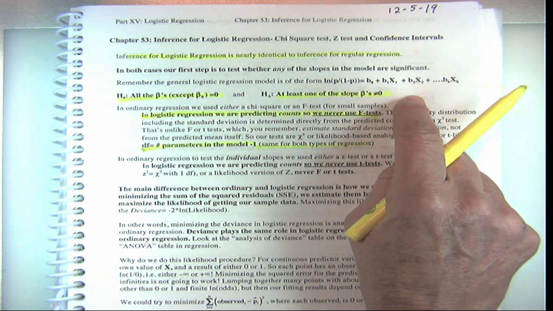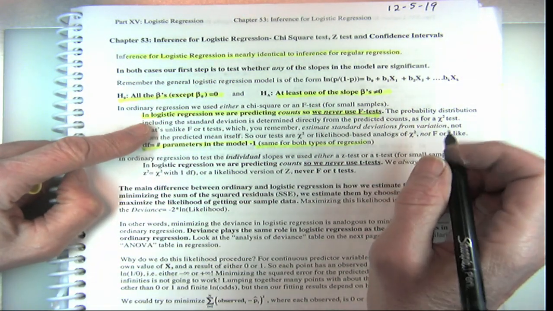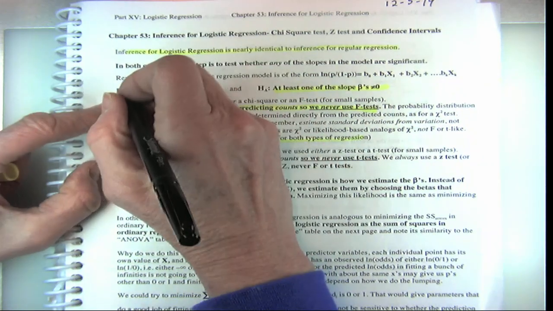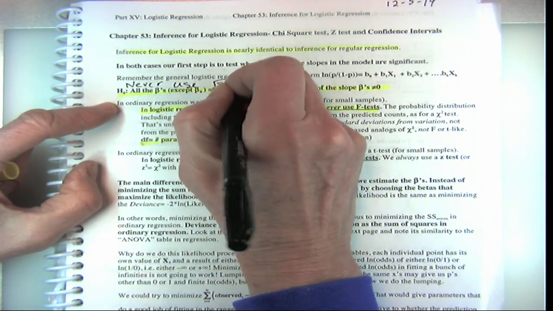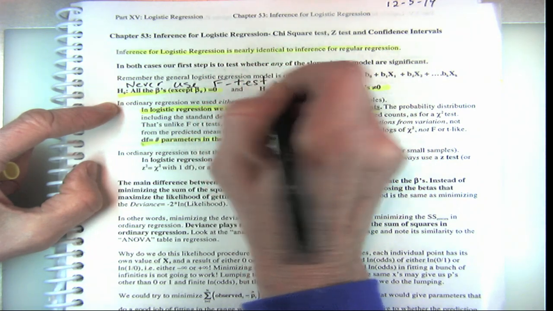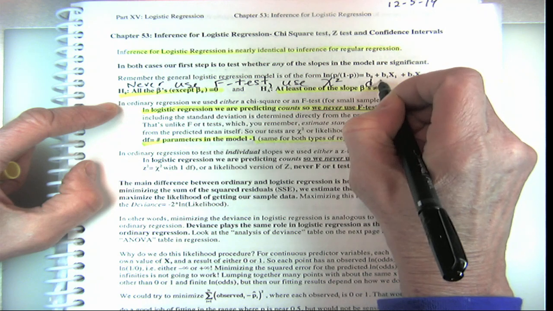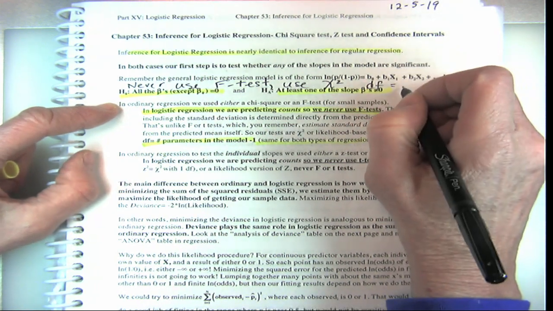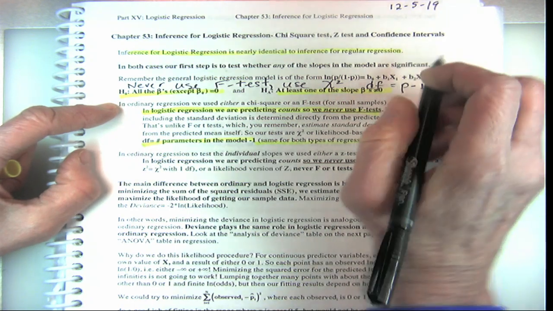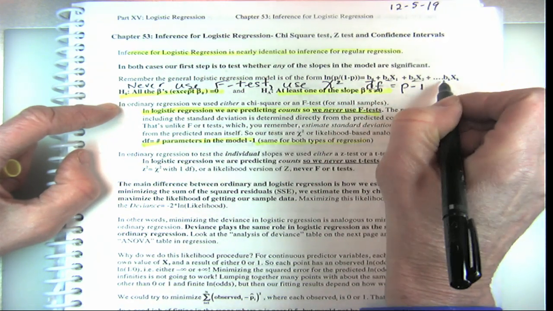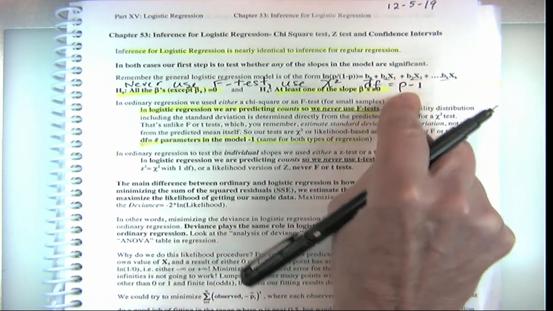Okay, so why don't we write this down so you remember? And the degrees of freedom are equal to, just like as usual, the number of parameters minus 1. So these are the parameters. There's one intercept, so that's the same as the number of x's in your model.